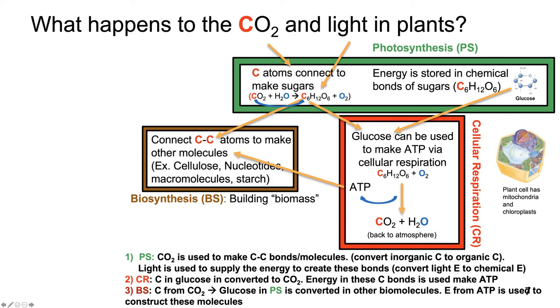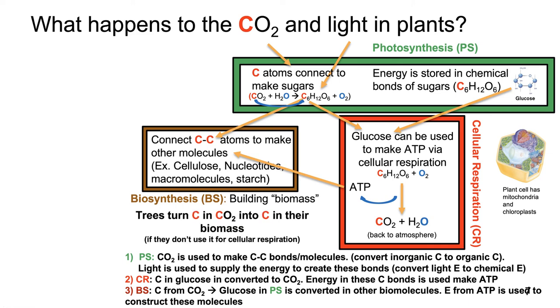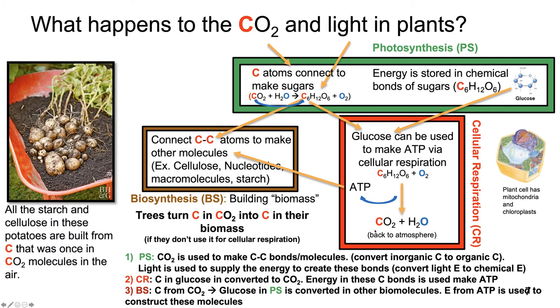And some of the energy from the ATP produced here can also be used to construct these higher energy carbon-to-carbon molecules. Basically, trees can turn the C in CO2, the CO2 in the air, into carbon molecules that make up their biomass, if they're not already using that carbon for cellular respiration, releasing that CO2 back to the atmosphere.